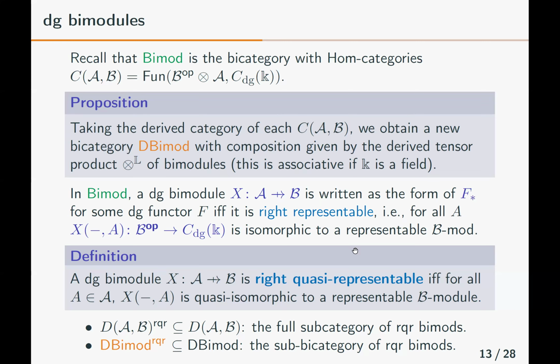Weakening this condition, we say that a DG bimodule X is right quasi-representable if for every object A, the module X(-, A) is quasi-isomorphic to a representable.